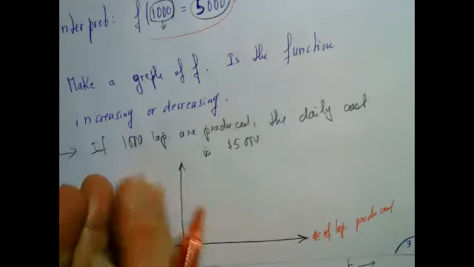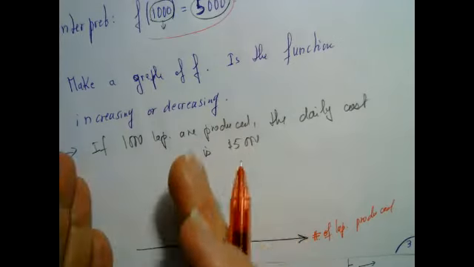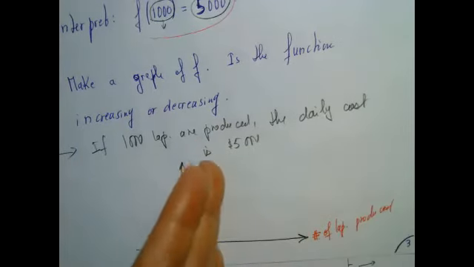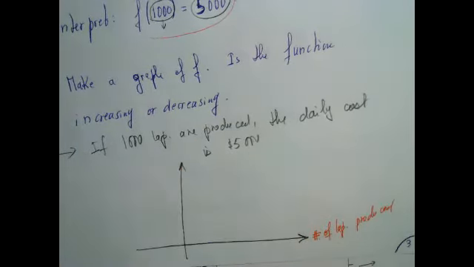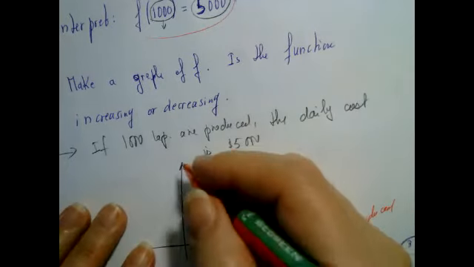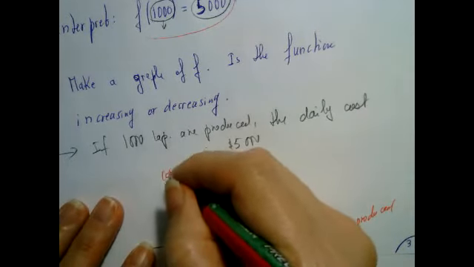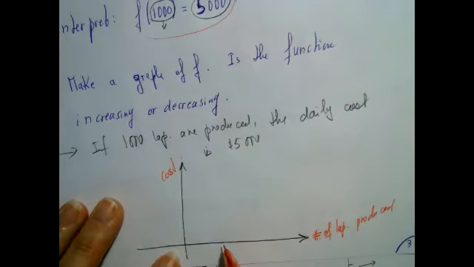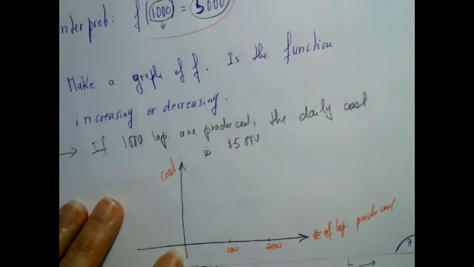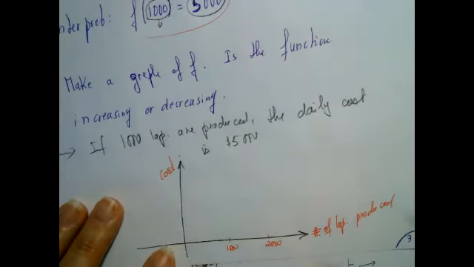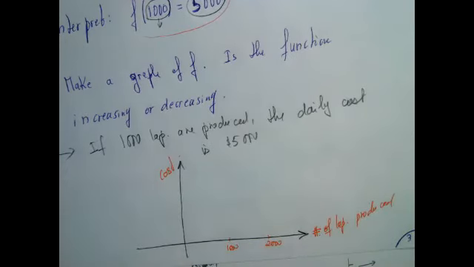One day the company decides to make half of the factory work, another day to use the whole factory. So the input changes here: the number of laptops produced, and this is the cost. I really don't know how many, but it's changing. But the question is, as the number produced changes, what happens to the cost? Is it going to increase or decrease? Very simple.